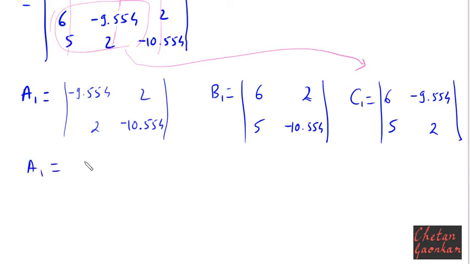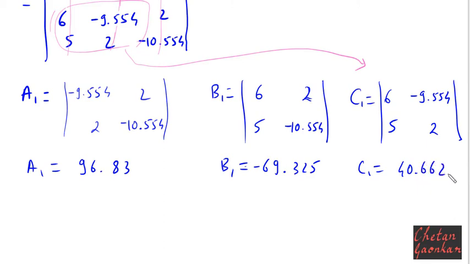96.83. Similarly, the determinant of this B1 will be minus 69.325, and the determinant of this C1 will be 40.662.